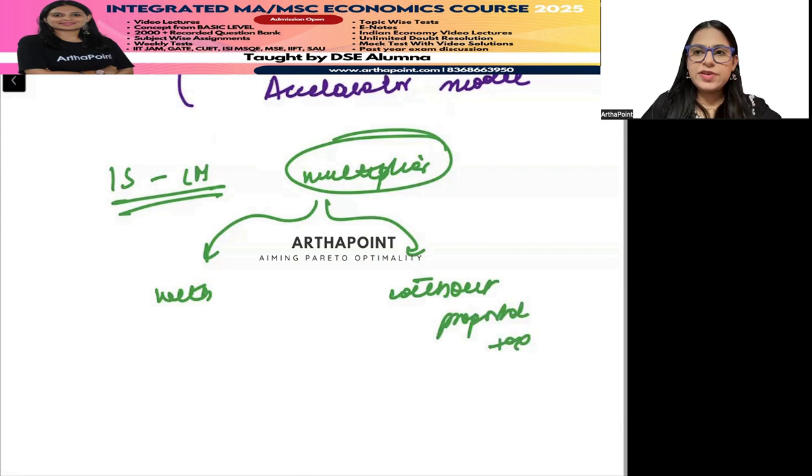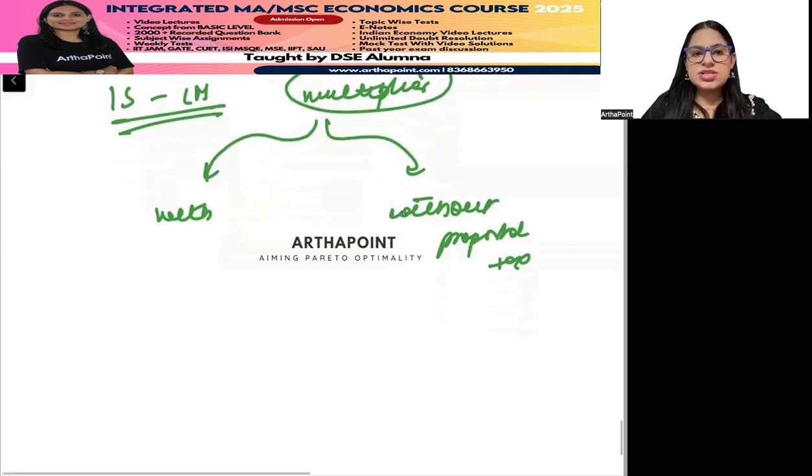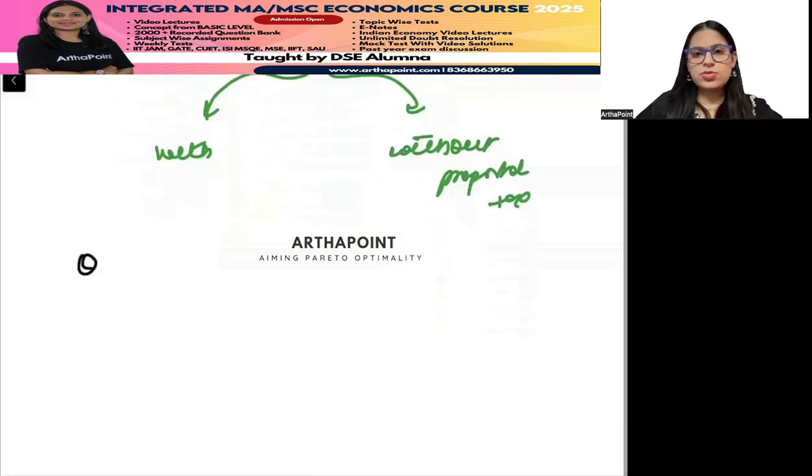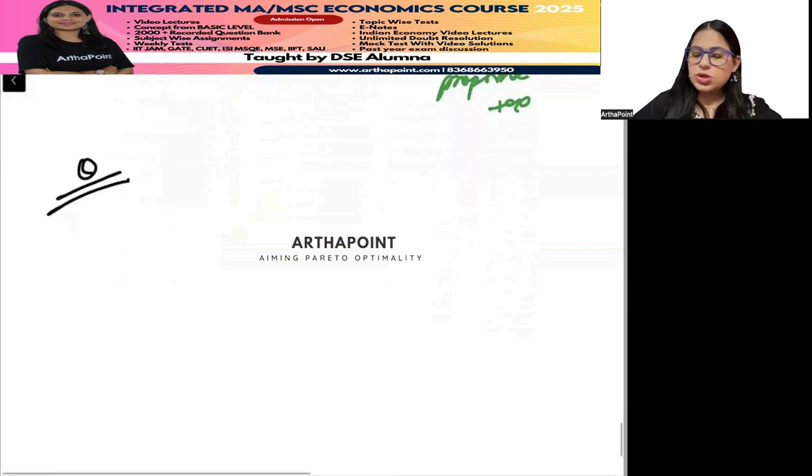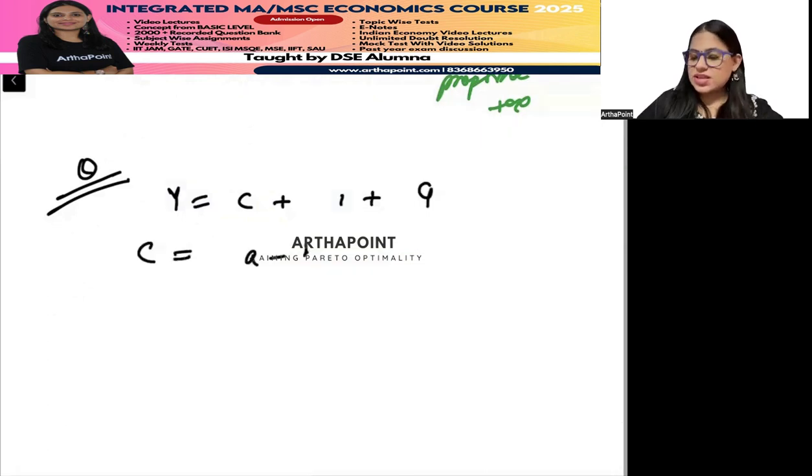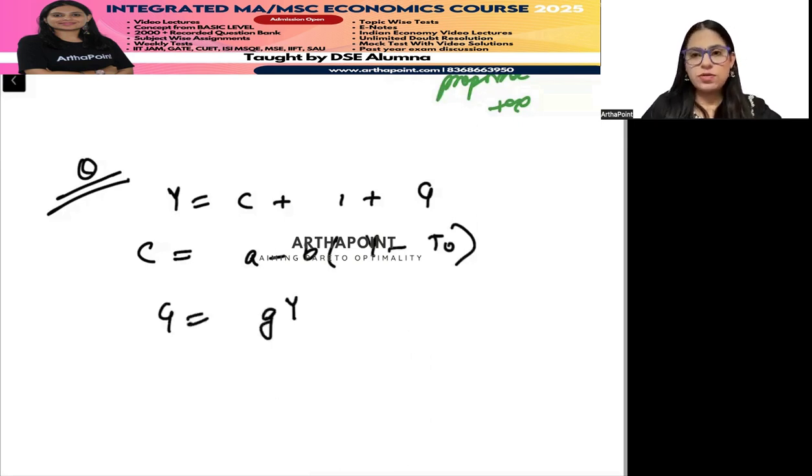So for example, if I just go ahead and I tell you that the tax rate is 10%, MPC is this much, find out multiplier, तो भी आपको multiplier निकालना आना चाहिए, right? तो जैसे example, this is a question that was asked in last year's paper. तो क्या दिया गया था that y is equal to c plus I plus g, and c was given to you as a minus b y minus t naught, and g was given to you as small g of y.